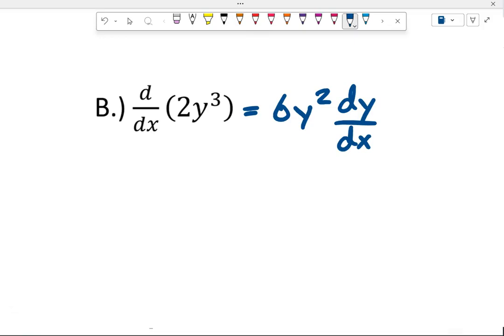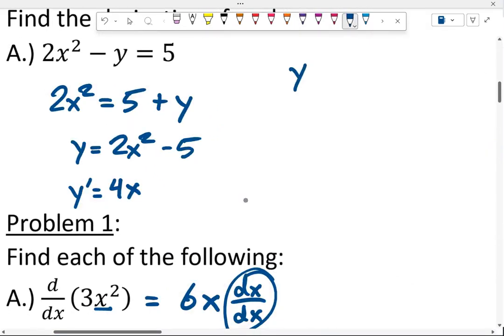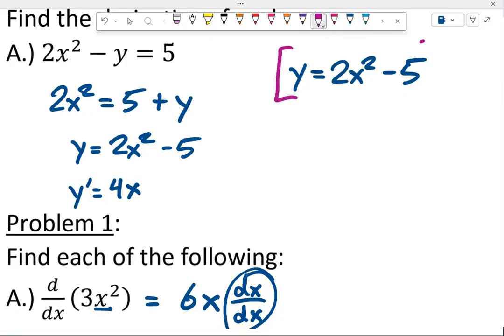And actually, if we think about it, going back up to something like this, where I had y equals 2x squared minus 5, what if I said, hey, what is d dx of that? What would we do? Well, in implicit differentiation, we don't just say y is y prime. It is.